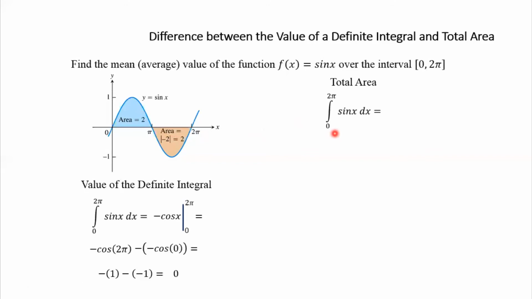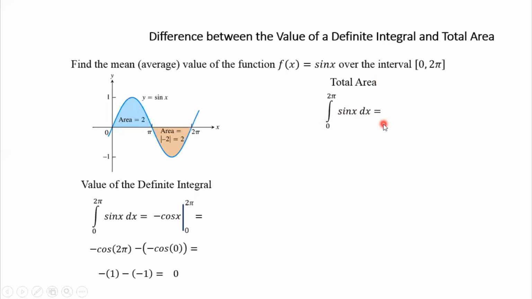Okay, so here, getting the total area of the given function over this interval, simply get the integral of sine x dx from 0 to 2 pi. Now actually the answer of this is different from this one because we are considering the total area. So all we have to do to get the total area, meaning we have to add this area to this area. Now, how to add?